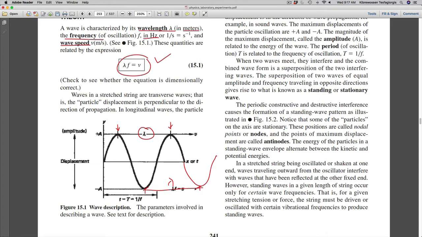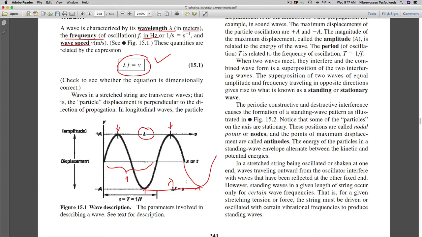So it's either crest to crest or trough to trough. In terms of nodes, it can also be from one node to the third node, or from the third node to the fifth node, in a uniform wave propagation.